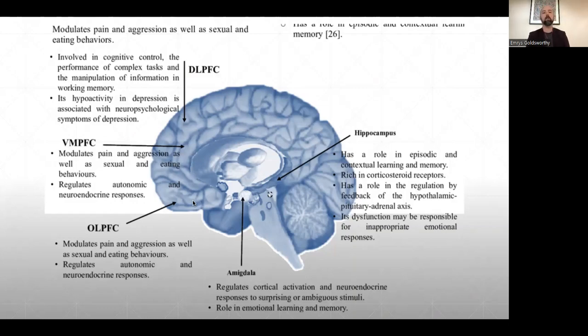Because it's involved in control of emotions, right? The dorsolateral prefrontal cortex is going to help control unwanted behaviors and emotions. The VMP, ventromedial prefrontal cortex, is involved in autonomic responses as well, regulation and modulation of pain and aggression.